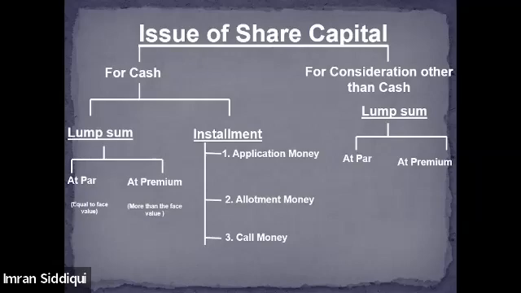All right. So you will be able to understand these things. Right now, I just wanted to make it clear that when we'll discuss questions based on issue of shares in this chapter, such kind of questions can be there wherein shares are being issued for cash, and there could be questions wherein shares are being issued for consideration other than cash. And if it is in terms of cash, then it could be on lump sum basis or an installment basis.